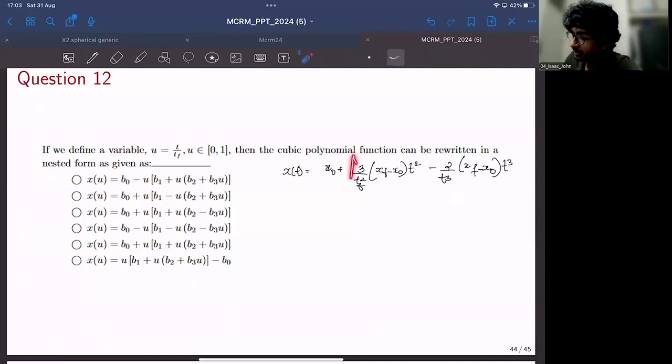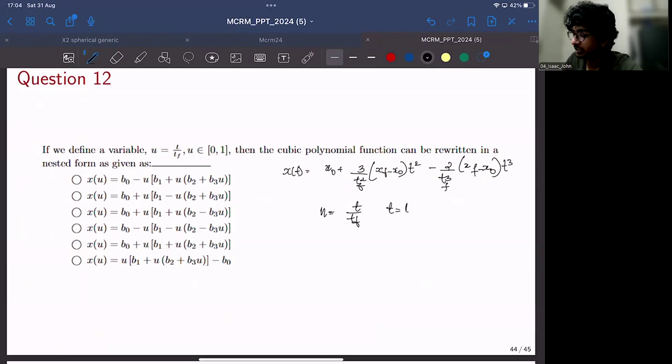The problem with this scheme is that if the time is very large, these terms can probably vanish, which may lead to incorrect convergence or incorrect interpolation. So to tackle that problem, we bring in a new variable u as t by tf.